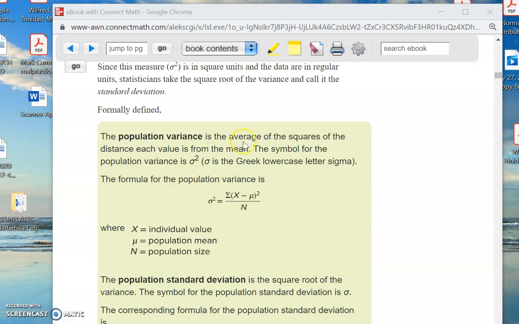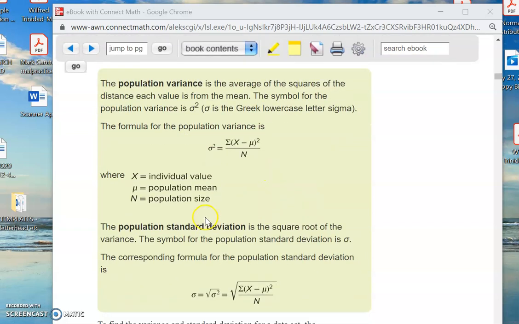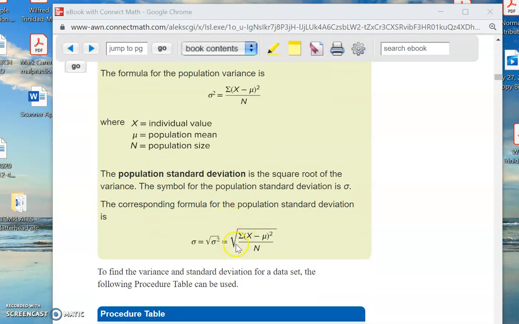Here's the formula. The standard deviation is the square root, so it's the root of the mean of the squares. That's why engineers will say it's the root mean square. That's what they're referring to when they talk about this sigma. And the root mean square is very useful in a variety of contexts.